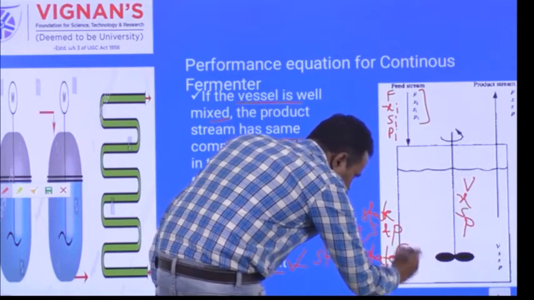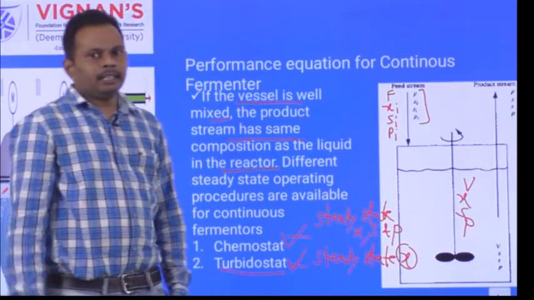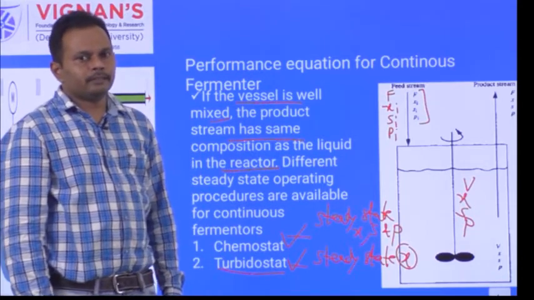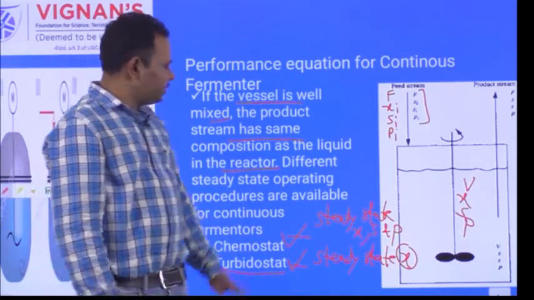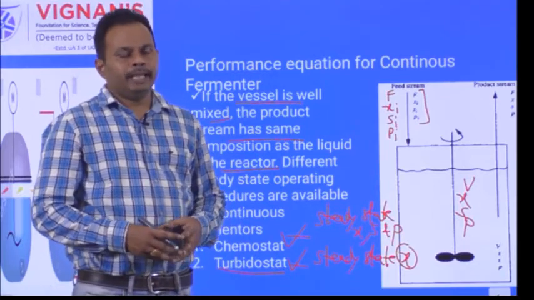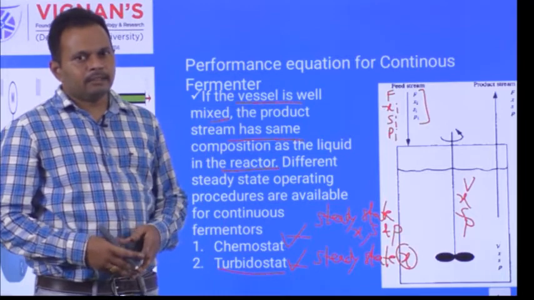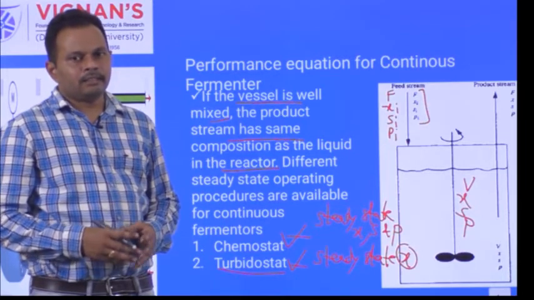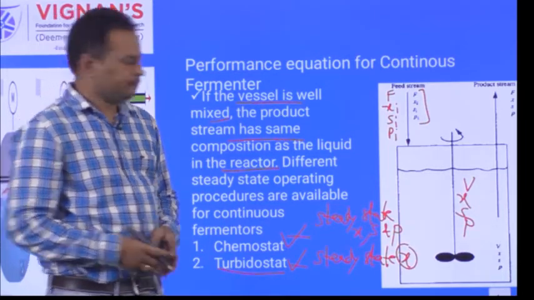But in the chemostat, by adjusting the inlet and outlet volumetric flow rates, we can maintain the steady state cell concentration, substrate concentration, and product concentration.